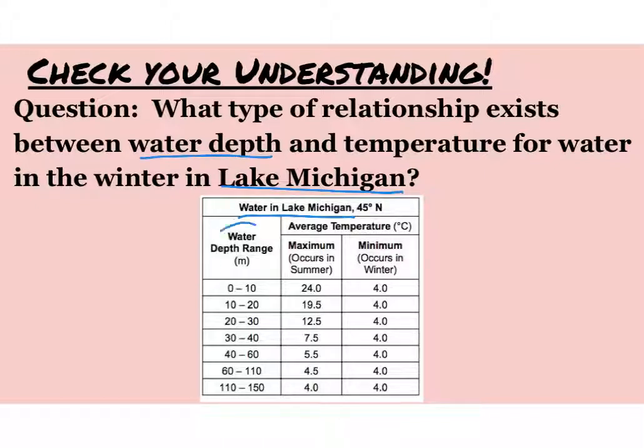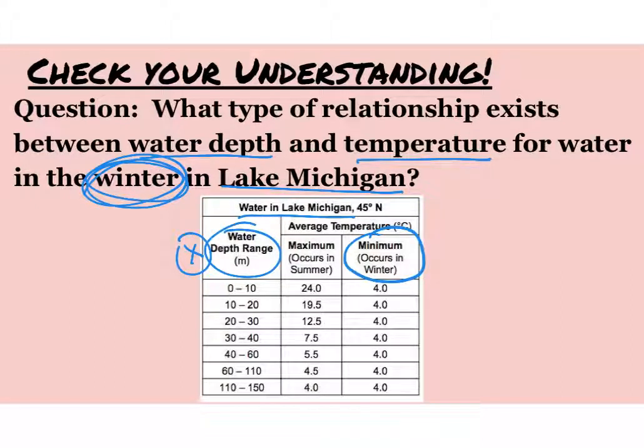We're looking at water depth. This is your X. We're looking at temperature again, which will be your Y, but this time we're looking at the winter temperatures. So this time we're looking at this column. We're not looking at our summer column. So the winter temperatures are here. That's our Y. So again, going down this chart, the water depth is getting bigger.